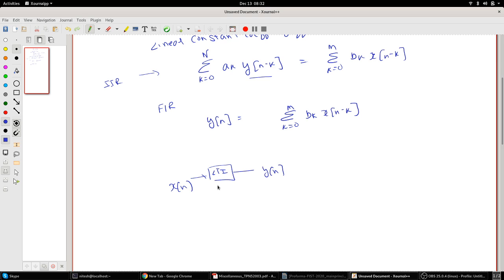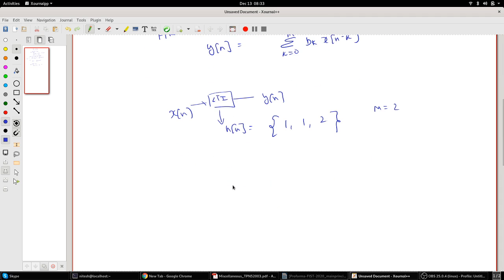If you look at this, since h of n is finite, let's say h of n has values 1, 1 and 2. So its length is 3, where m is 2 now. This is finite, right?